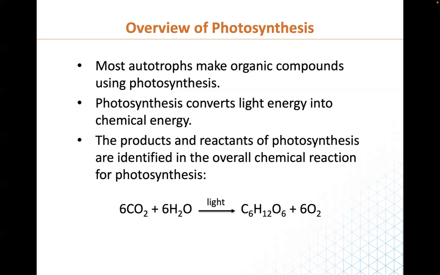If you still remember, I told you in the beginning that respiration is the reverse reaction of photosynthesis. So you would see the product of respiration is a reactant of photosynthesis.